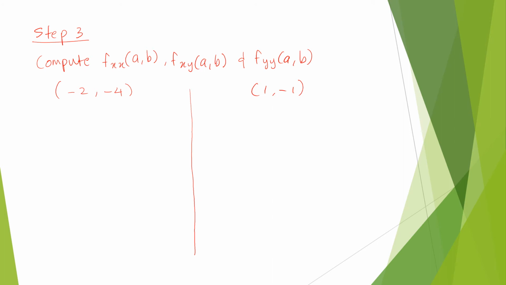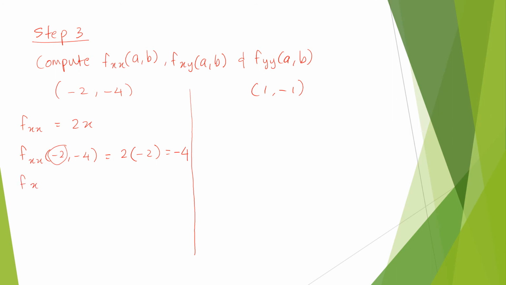Okay, so we have fxx equals to 2x. So fxx at -2, -4 equals to 2 times -2, which is equals to -4.